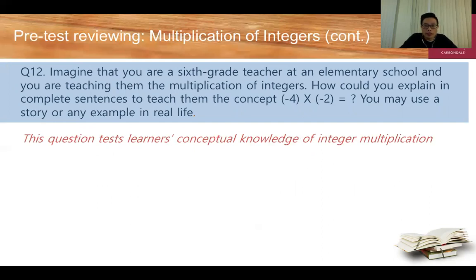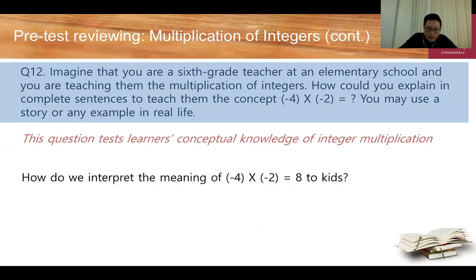So in this kind of question, we will start to apply the concept that a negative times a negative is positive, right? So we will use those three methods to explain why a negative times a negative is a positive.